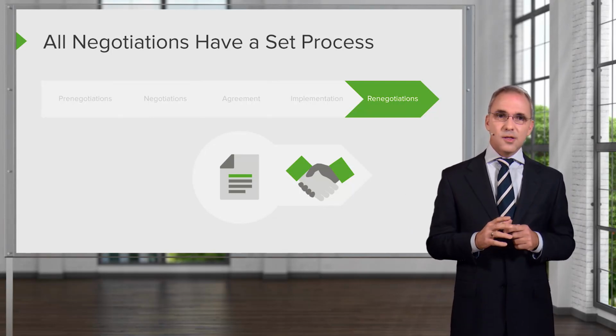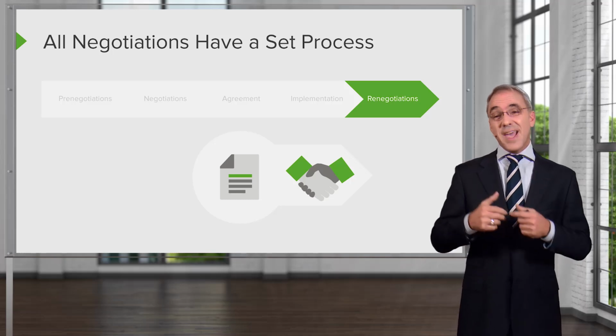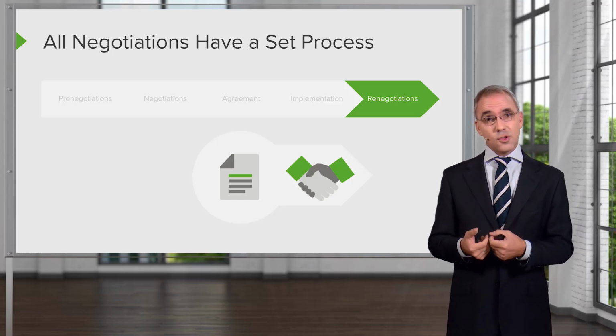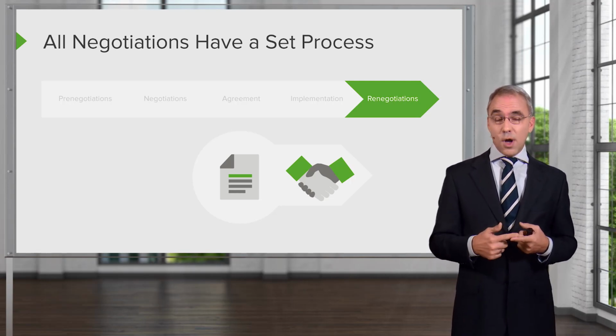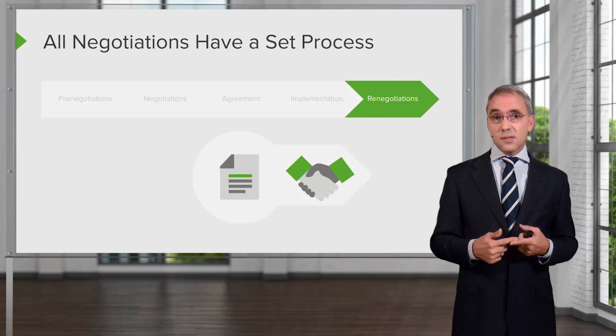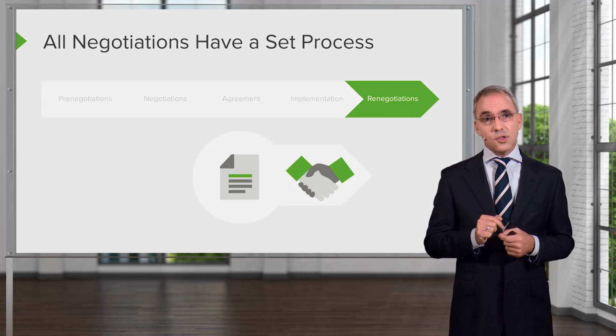In the pre-negotiation, there's a lot of work that Barbara and Maria have to do to make sure that when they actually sit at the table and talk to each other, they know what the agenda is, in what order they're going to talk about things, what the ultimate goal is, and whether they even want to negotiate with each other.